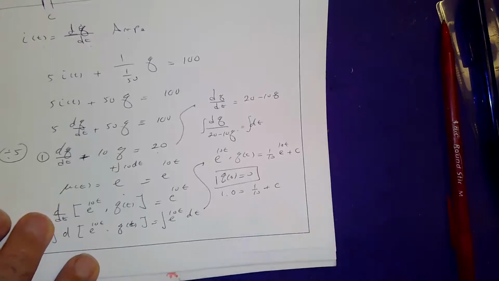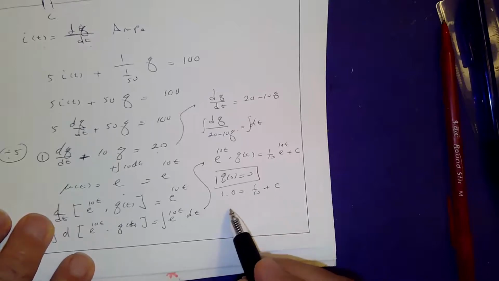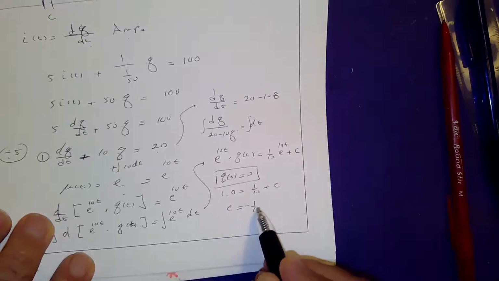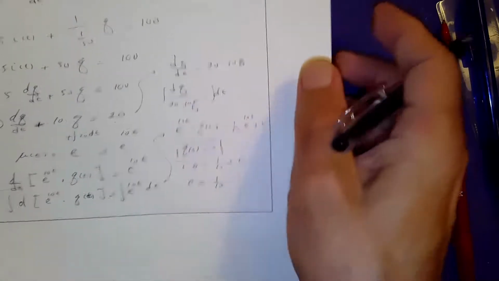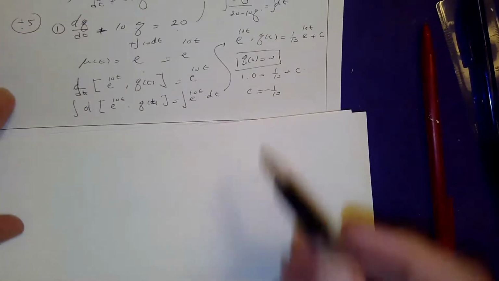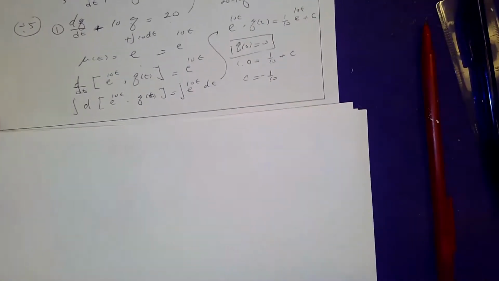So C will be equal to negative 1 over 10, is it? Am I doing this right? Make sure I didn't make any mistake in computation, please.